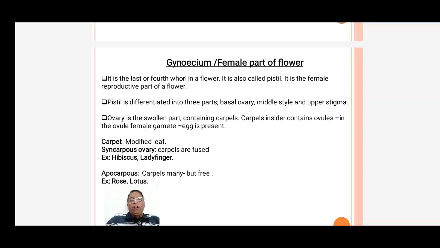Okay, now let us know the meaning of carpel. As I already told you, carpel means a modified leaf. I told you, the ovary may consist of one or many carpels. Imagine if the ovary contains 2 or 3 or 4 carpels, and all the carpels are fused, then such a condition is called syncarpous.